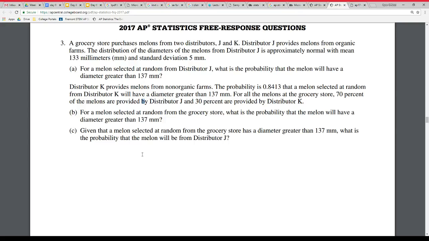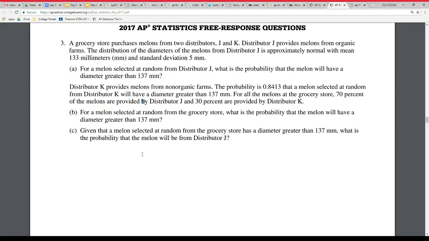So we can draw the distribution. And say it's 133 as the mean because that's the population mean. And the standard deviation is 5. So multiply by 3, that's 15, add it to this. This is going to be around 148-ish, just to help us visualize.